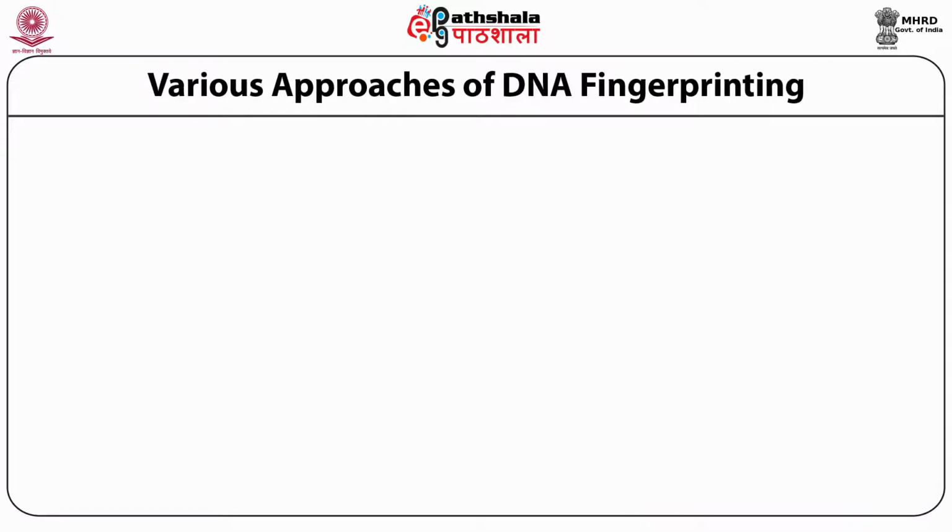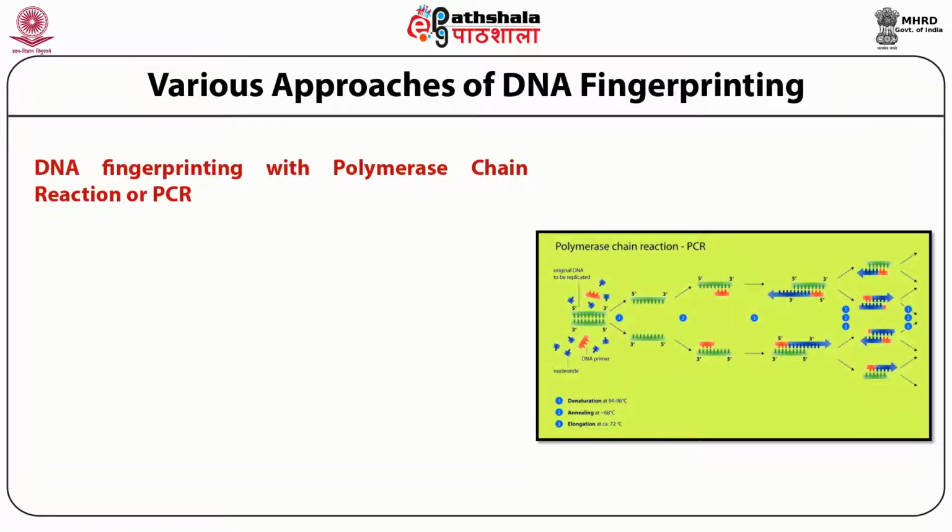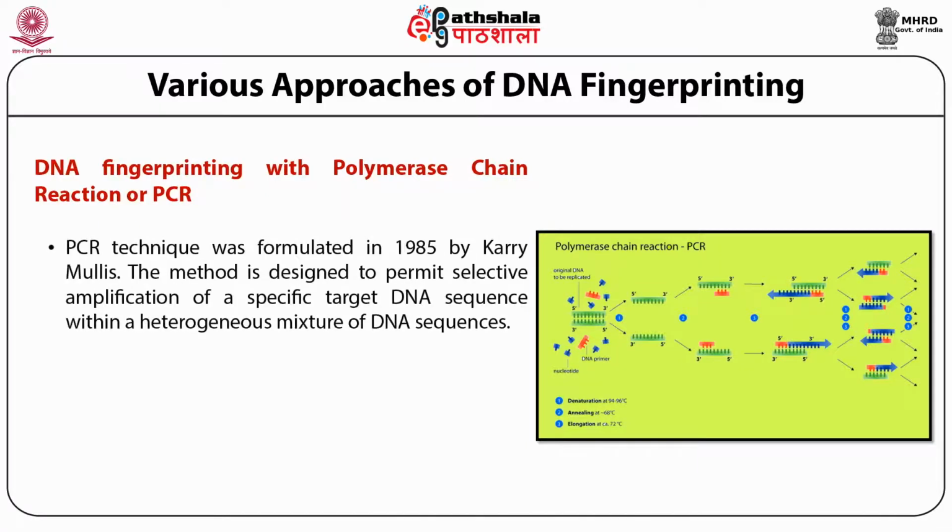The next approach of DNA fingerprinting is with PCR, that is polymerase chain reaction. DNA fingerprinting with PCR is the most widely used method worldwide. The PCR technique was formulated in 1985 by Kary Mullis.